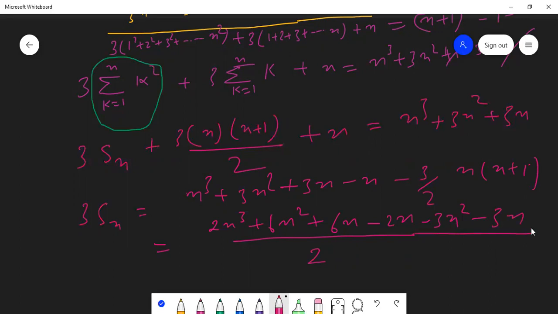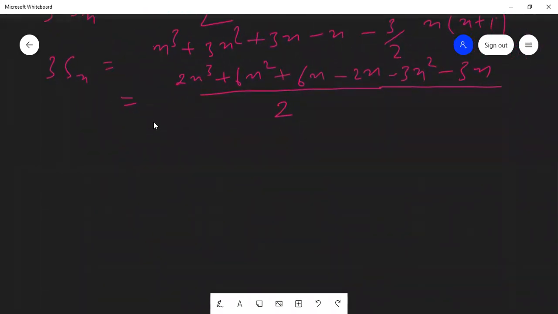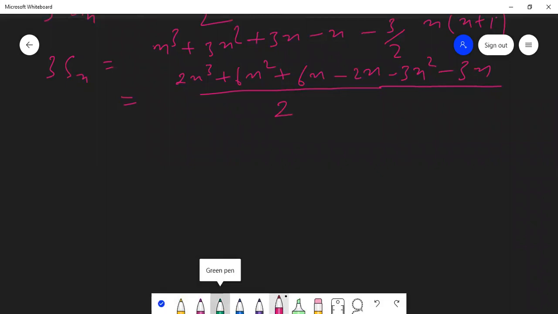So what do we get? This quantity here. All right. So 3 times Sn is equal to the LCM 2 here.